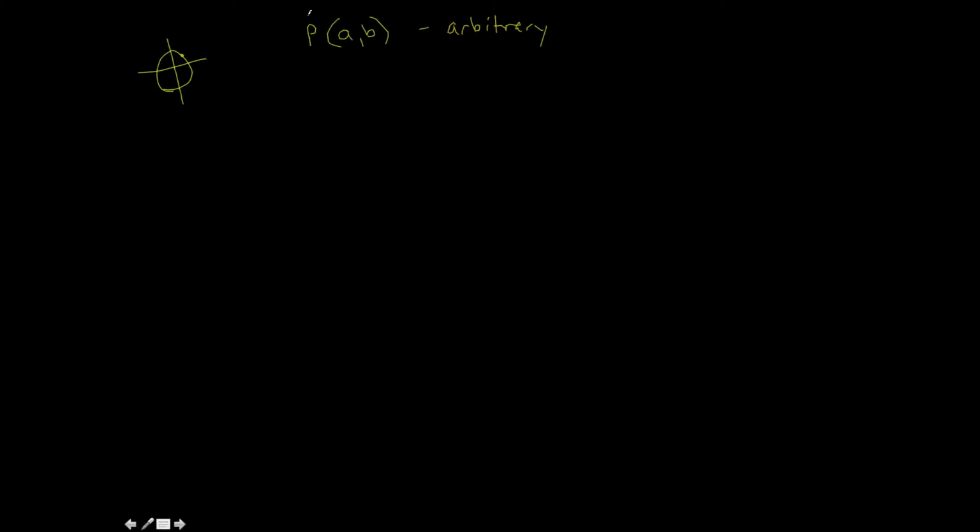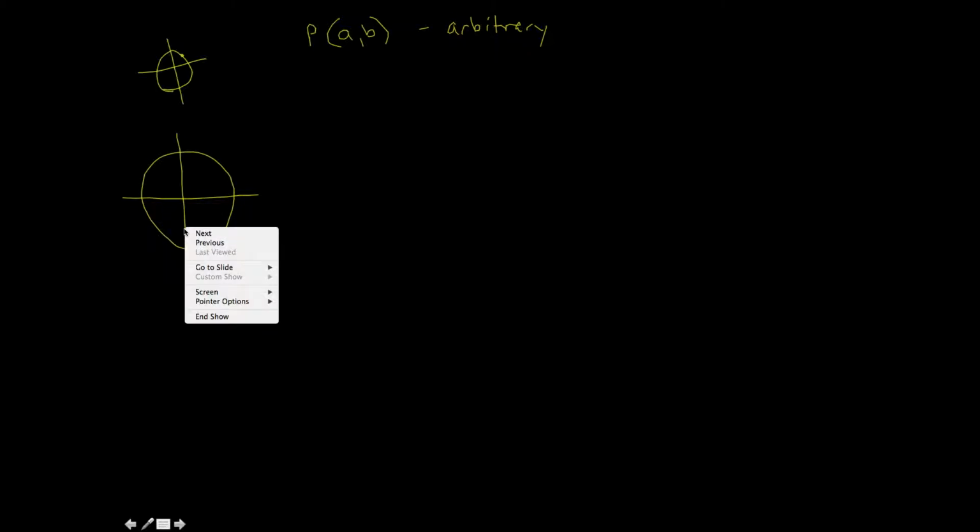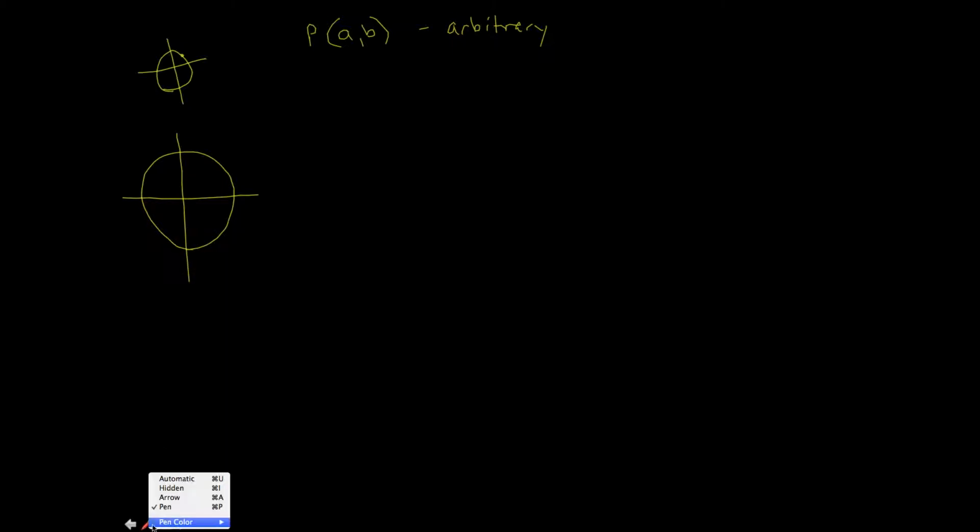Well, the point may not be on the unit circle, but it lies on a terminal angle that is on the unit circle. So for instance, if we had a nice big unit circle drawn here, and this was our angle, but they gave us this point way up here.